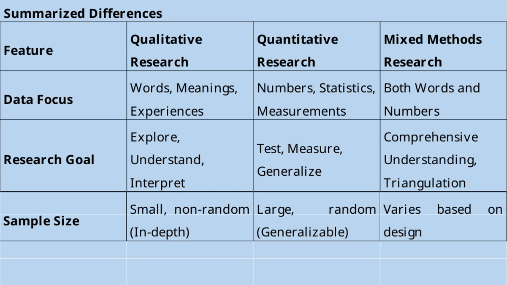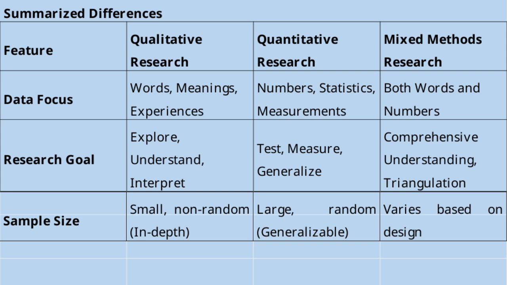As for the research goals, qualitative aims to explore, understand, and interpret phenomena, digging into the why and how. Quantitative seeks to test theories, measure variables, and generalize findings to larger populations. Mixed methods strive for a more complete understanding, often using triangulation to validate results through multiple perspectives.